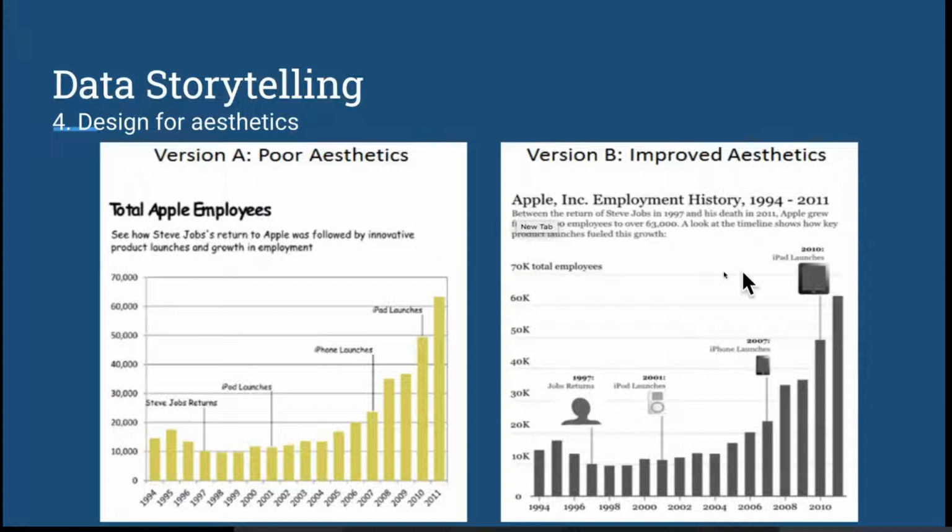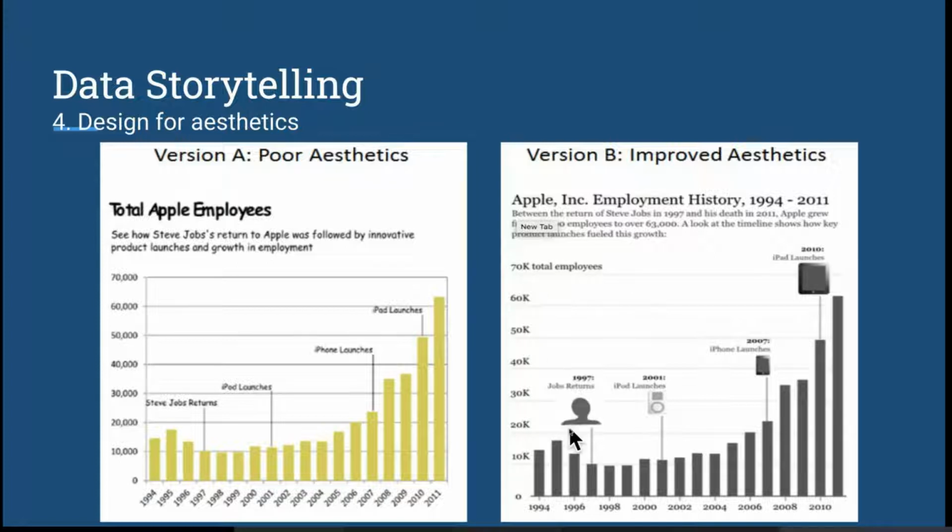Whereas on the right hand side, you can see the same chart, but this time round it is more informative, because on the vertical axis, for example, there is a title, total number of employees. So we know that 70K stands for number of employees.